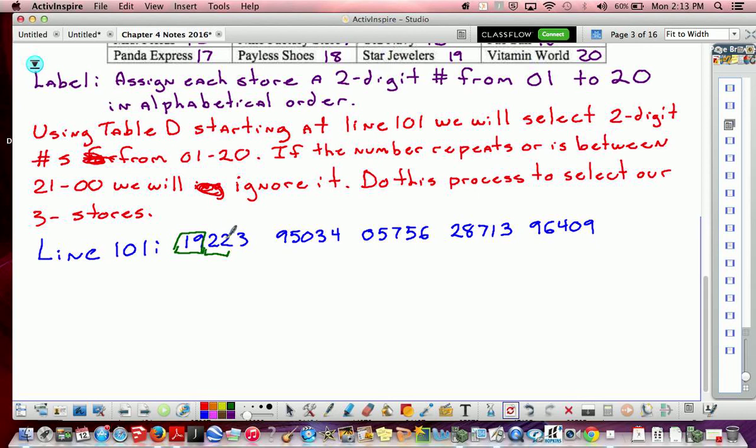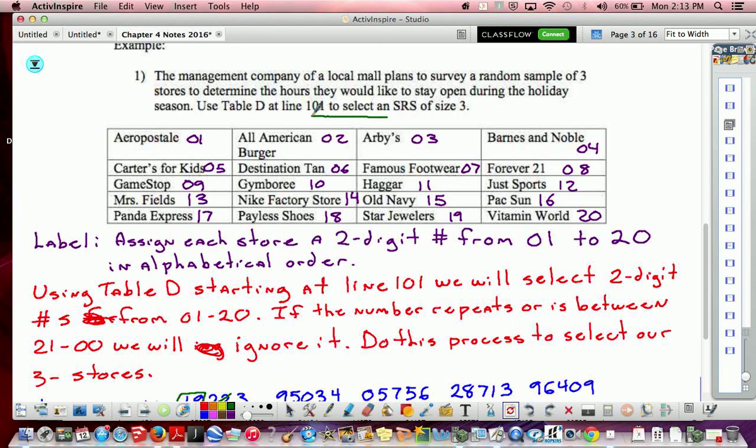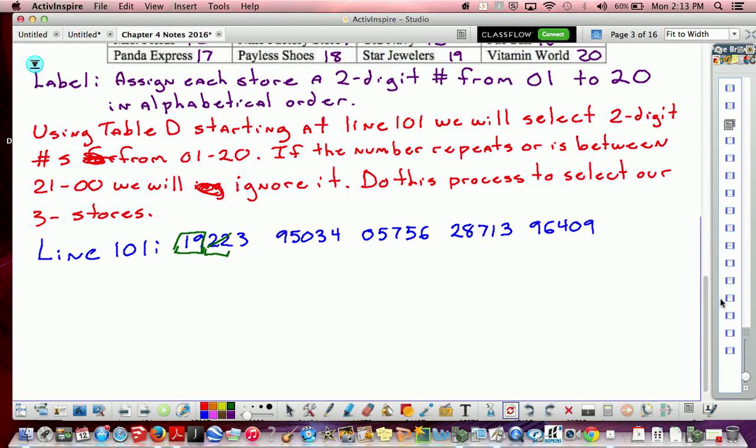Why line 101? Are you always using that line, or did you just randomly choose that line? I'm actually using that line only because the problem told me to use line 101. Will the problem always tell us which line to use? Yes and no. The reason I'm going to say no is if they don't tell you what line to start, they'll say use the random number table below, and they'll give you a little section of it.